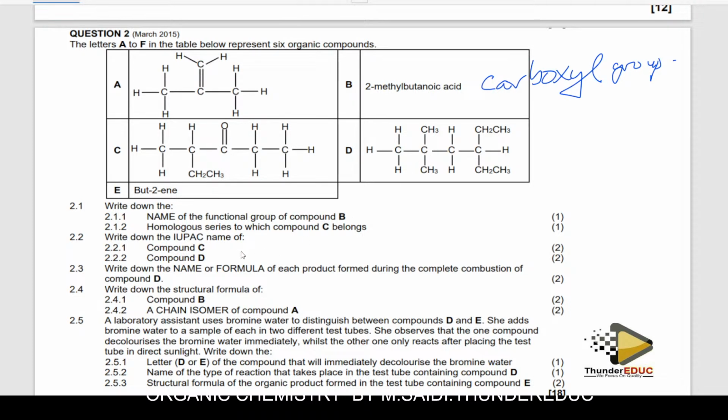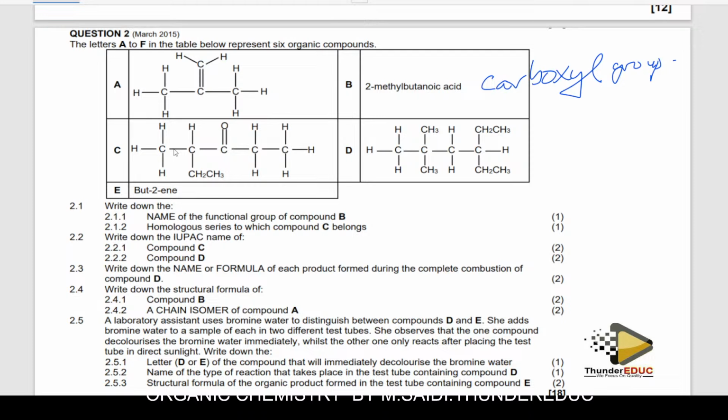All right. The homologous series to which C belongs. We are done with naming the functional group. They are saying, the homologous series to which C belongs. Where does C belong? They are now looking for the homologous series, not the functional group. Because we have formyl and carbonyl, those are the functional groups for aldehydes and ketones.